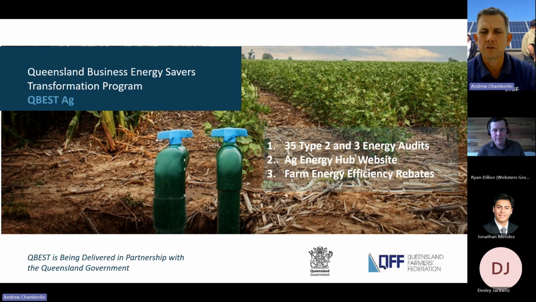So that's farms that use over 100,000 kilowatt hours a year of electricity. And we're also consolidating all of that information along with all of the other results and case studies from other audits that we've done on the Ag Energy Hub website. And I'll give you the link to that a little bit later after Ryan's presentation.